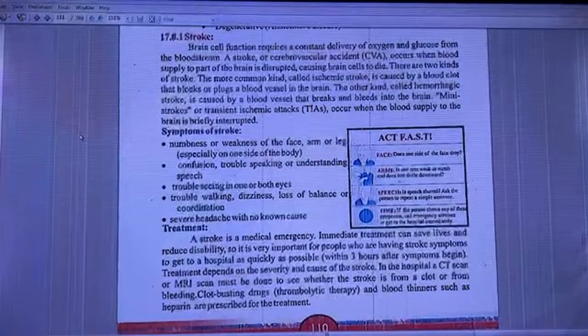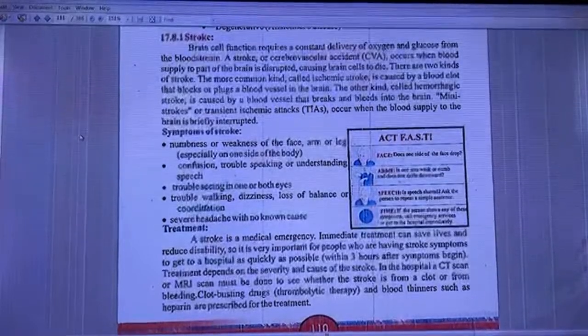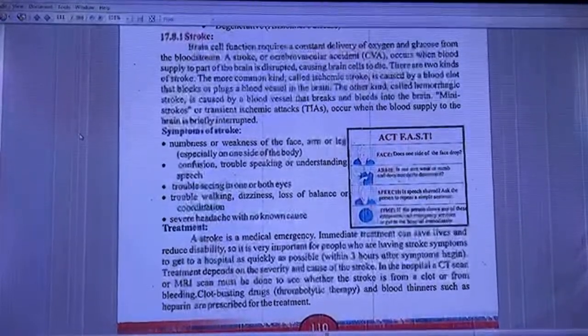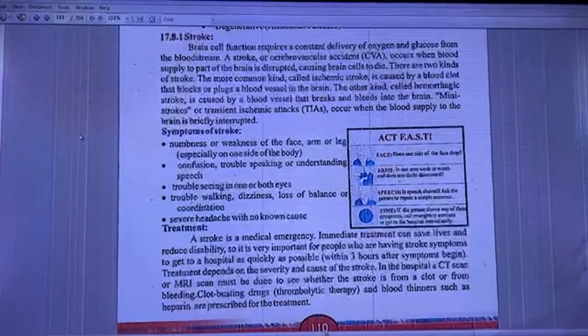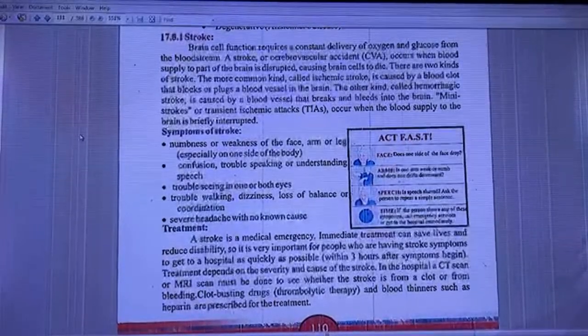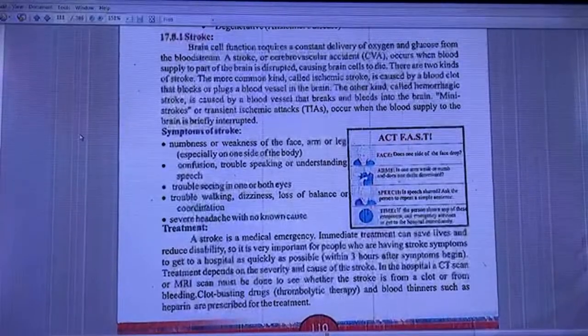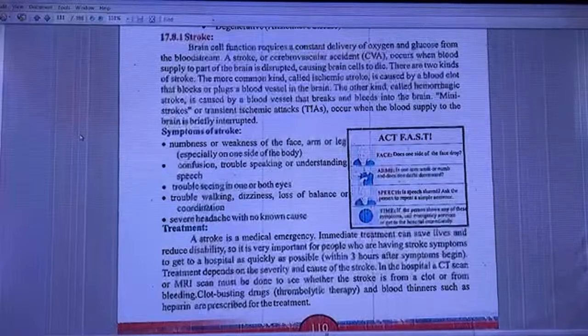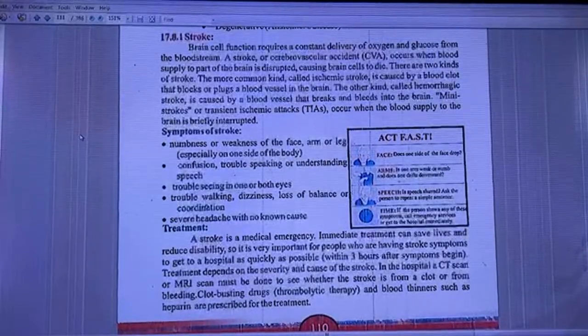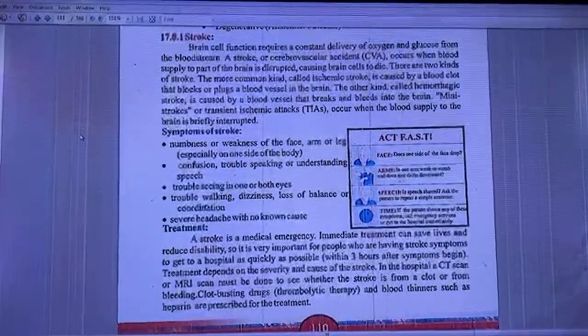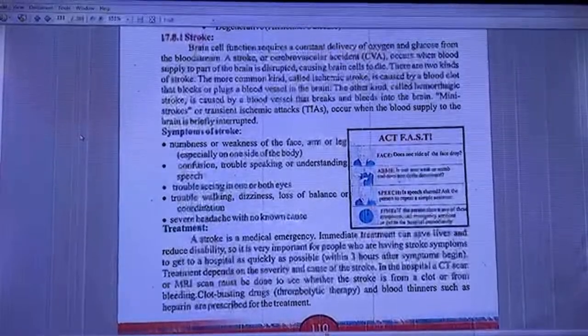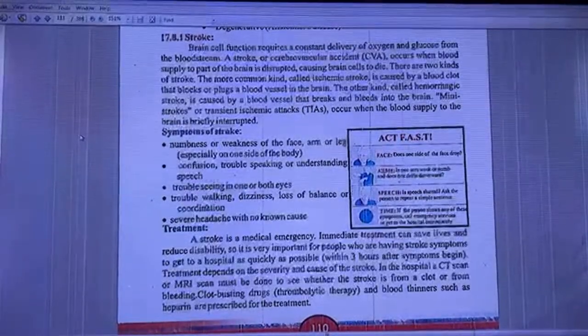The more common kind, called ischemic stroke, is caused by a blood clot that blocks or plugs a blood vessel in the brain. The other kind, called hemorrhagic stroke, is caused by a blood vessel that breaks and bleeds into the brain. Many strokes are transient ischemic attacks, which occur when the blood supply to the brain is briefly interrupted.